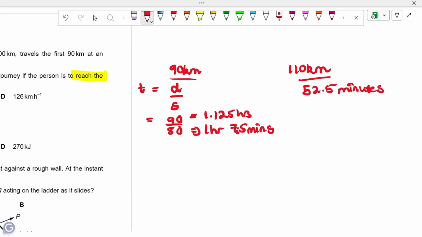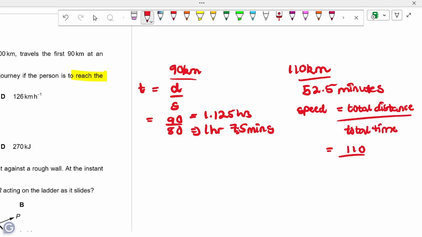Okay, so if you want to get the speed, the average speed really is going to be the total distance that has been traveled divided by the total time that has been taken. So the total distance is 110, the total time is 52.5 divided by 60, converting that to hours.